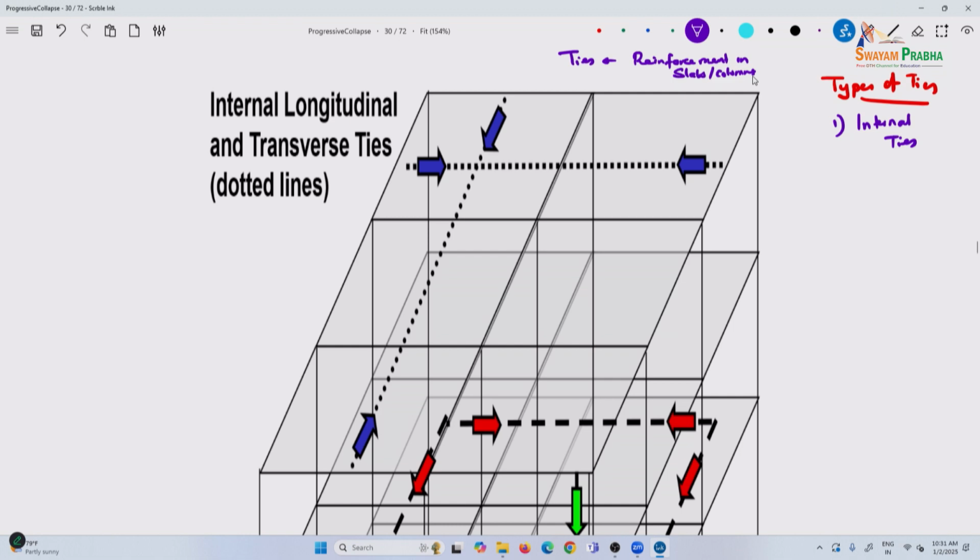If you are designing a beam for ductility and you provide additional tie reinforcement within beams, that will reduce the ductility of beams. Now it is making it doubly reinforced. So, we will look into that. The dotted lines tell you internal ties, and there are two types, longitudinal and transverse ties.